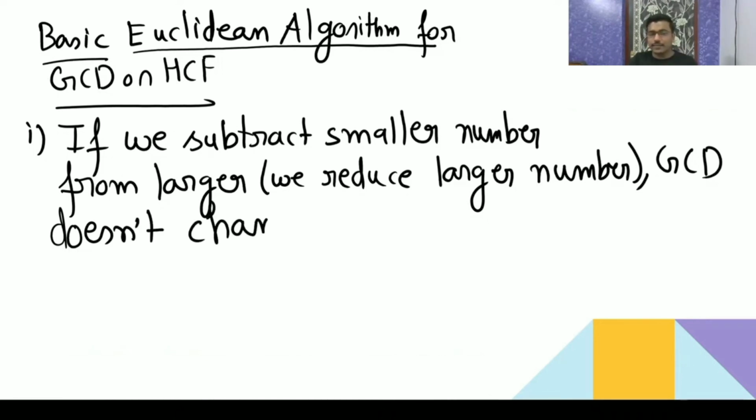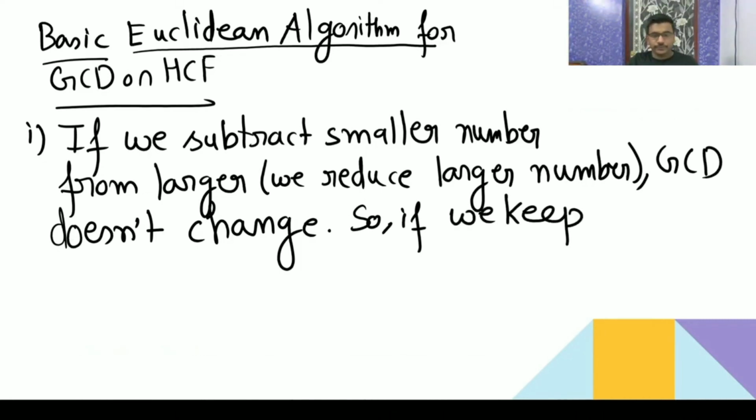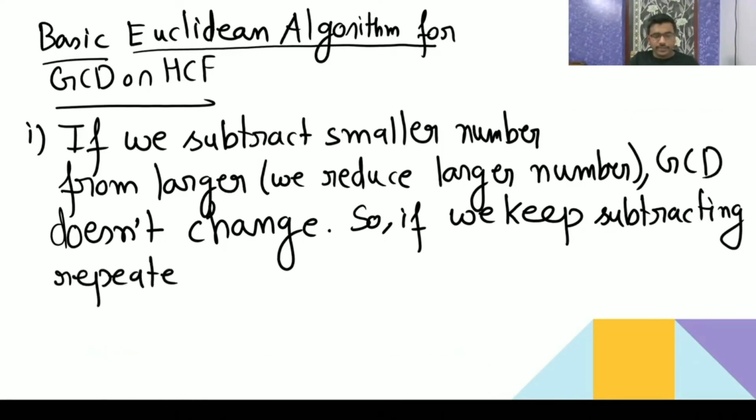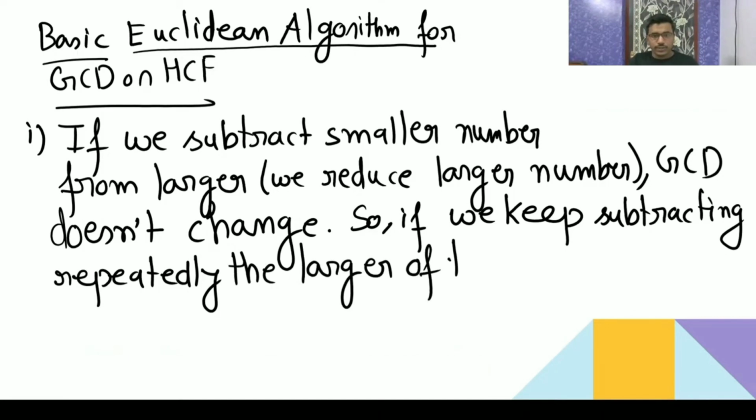Okay, I will take an example; with an example I will make it clear. If we keep subtracting repeatedly the smaller from the larger of the two, we end up with the GCD.